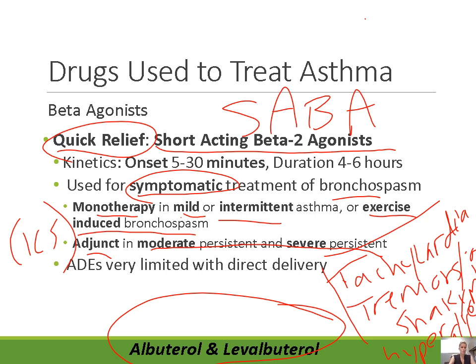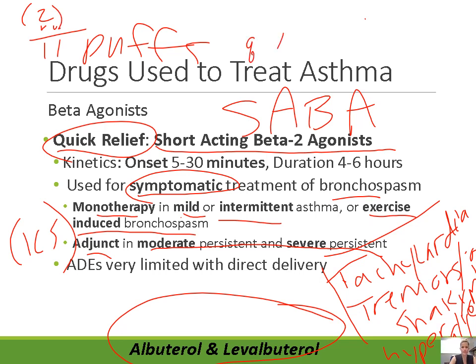Typical doses of albuterol are 2 puffs every 4 to 6 hours as needed. Okay, PRN is as needed.